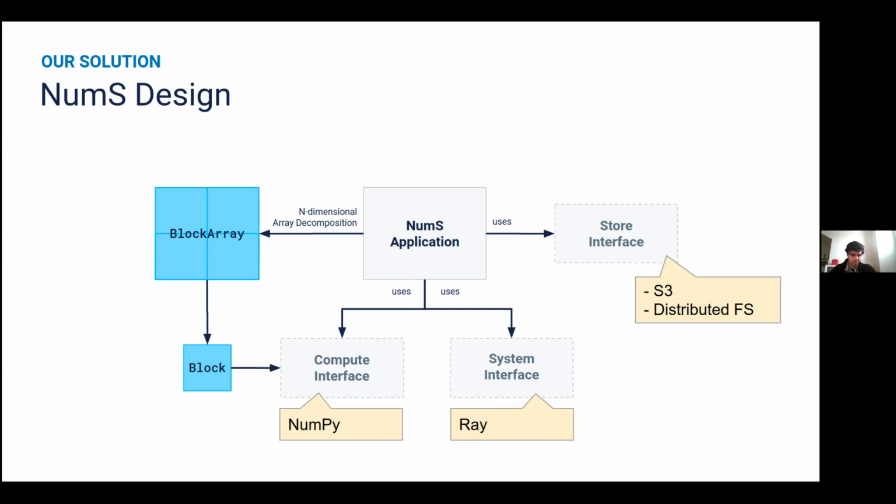So we have GPU support, and we're also looking into support for other system backends. Some of those projects are out of the scope of this class, so I'm not going to propose them as projects, but trying to do something like MPI or UPC++ as a system interface on top of NumS would be interesting.